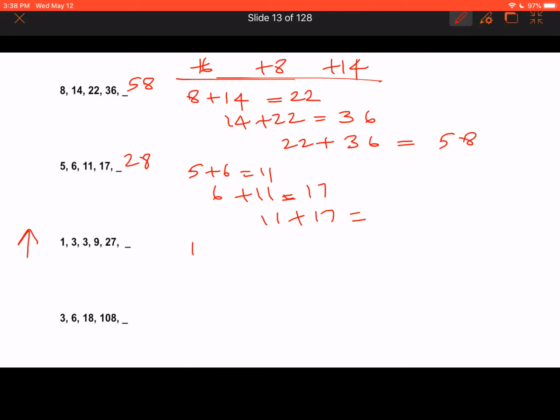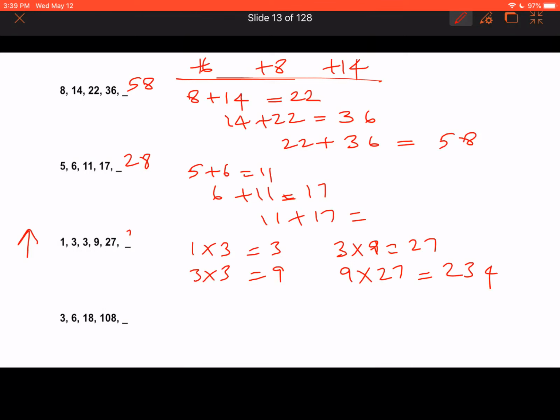So let's check with the multiplication. 1 times 3 is 3, and 3 times 3 is 9, and 3 times 9 is 27, right? So it's following the pattern, multiplying the previous two terms, giving the next term. So now to get the answer for our question, 9 times 27, which is going to be 243.